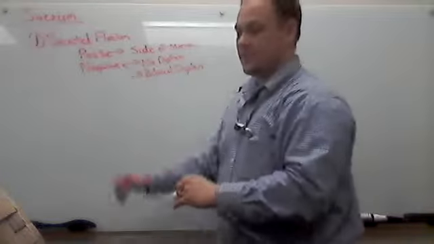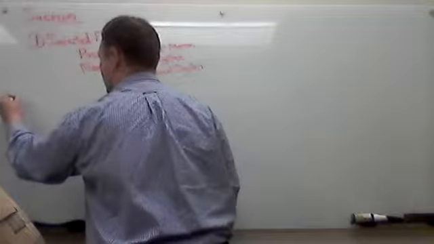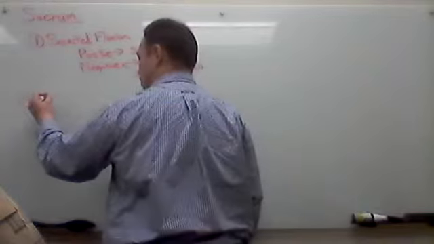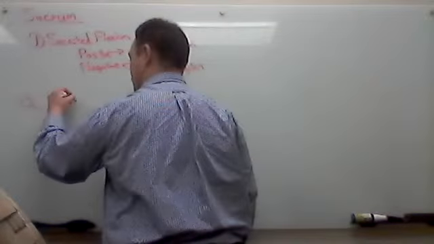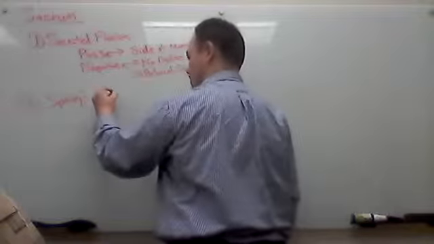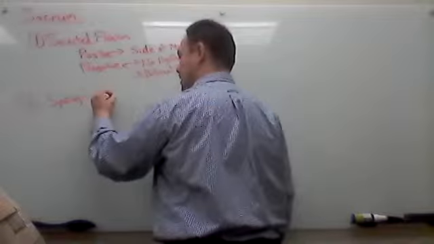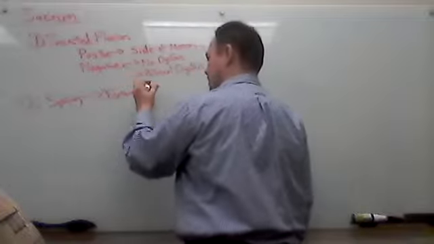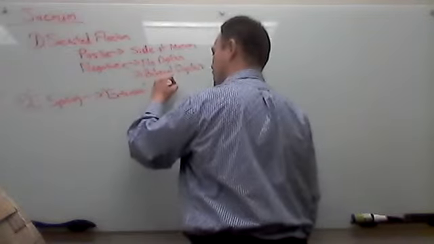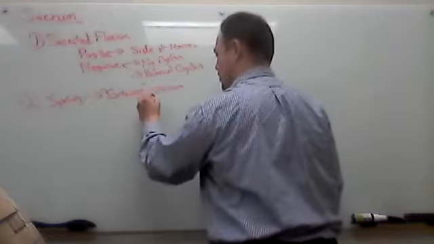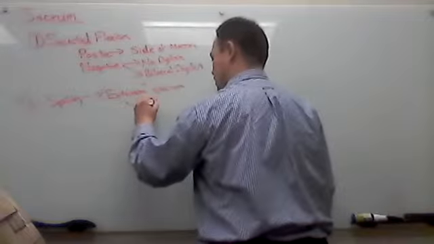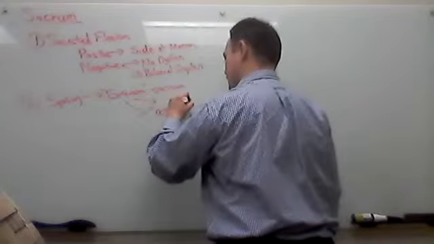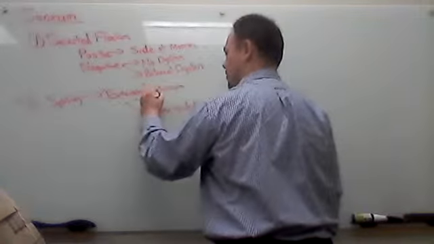So after you get your seated flexion test, you then are going to move on to one of the two backward bending tests. Either you're going to go with your spring test, which tests for extension of the sacrum, which could either be what I call one-sided or your bilaterals.